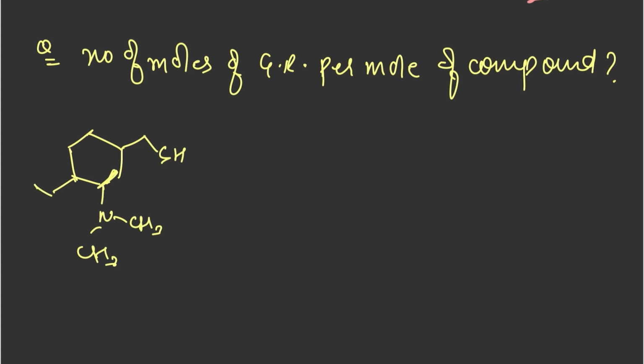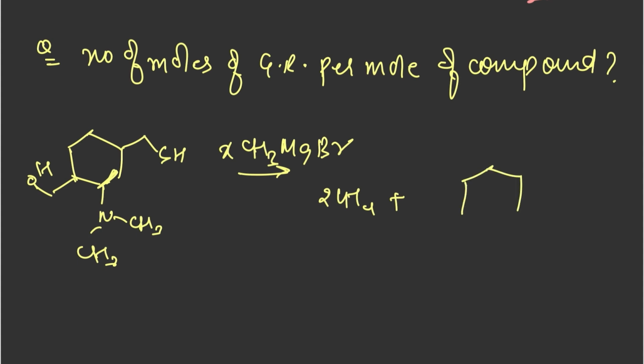Now how many moles of Grignard reagent do we use? X CH3MgBr. What is the value of X? Actually 2 methane will form. X value is 2. It has MgBr, then it will not react. Now it will form O minus and Br minus.